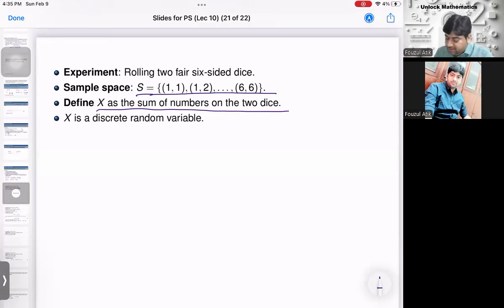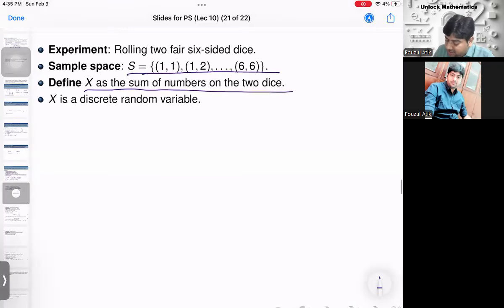Now you tell me what values X can take. X is the sum of the two dice, so the X value will start from 2, the minimum, because both the dice will have face 1. Then it can take 3, 4, and so on. It can take 12. Can it take 13? No, not at all. How can the sum of the two dice be 13?